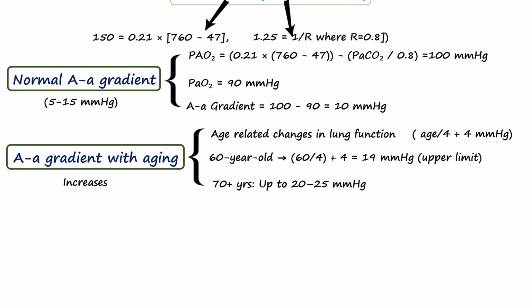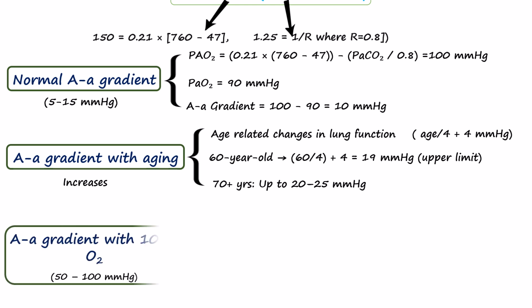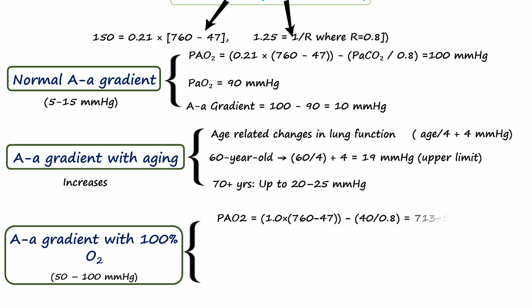When a patient breathes 100% oxygen, both alveolar and arterial partial pressures increase dramatically, and while we would expect the AA gradient to be maintained at 5 to 15 mm of mercury, it instead increases to about 50 to 100 mm of mercury due to several key physiological mechanisms.